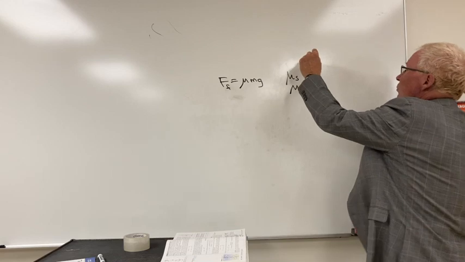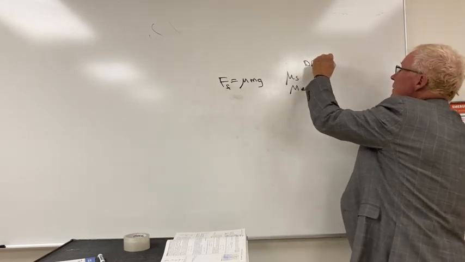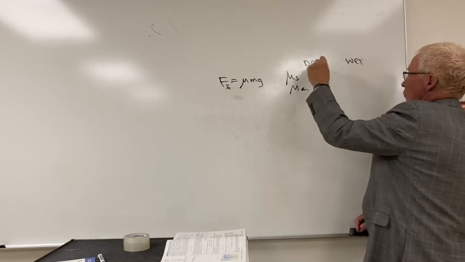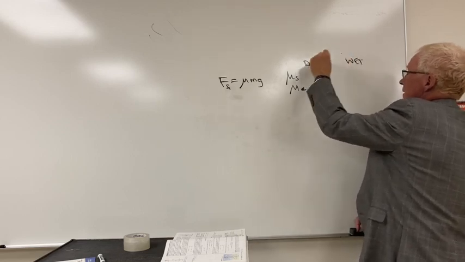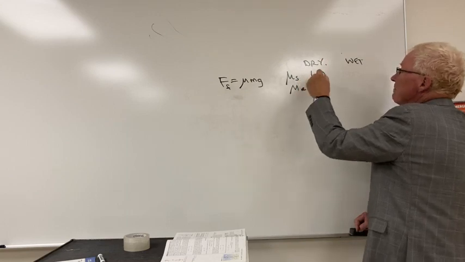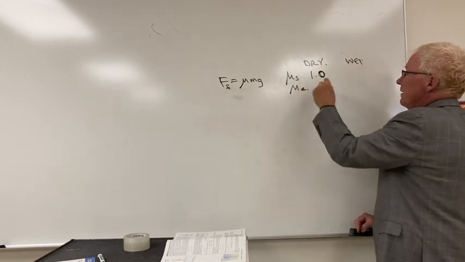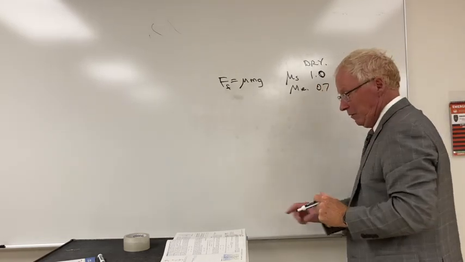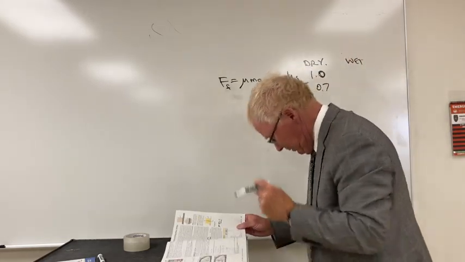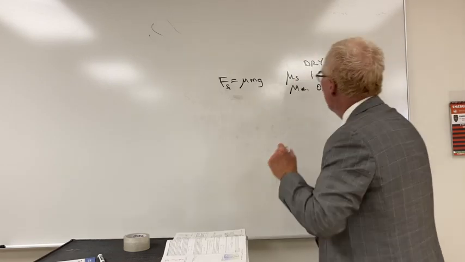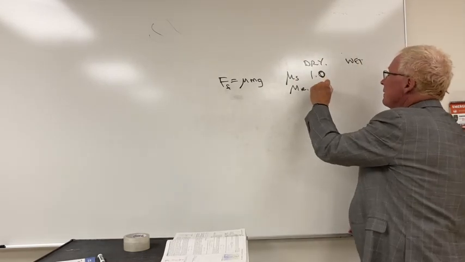So if we have a dry road, wet, very wet, the coefficient of static friction can be as high as 1, and the kinetic friction is roughly around 0.7.